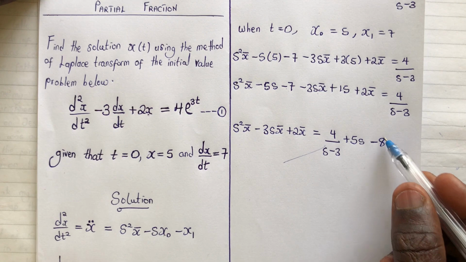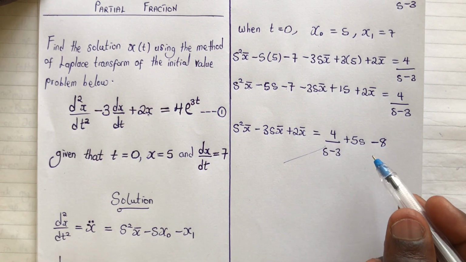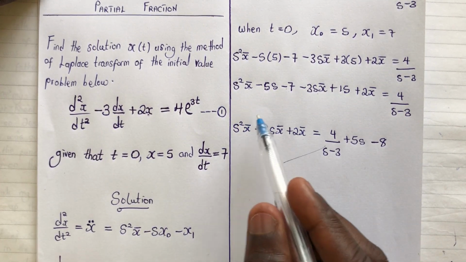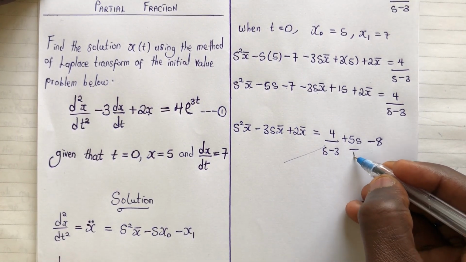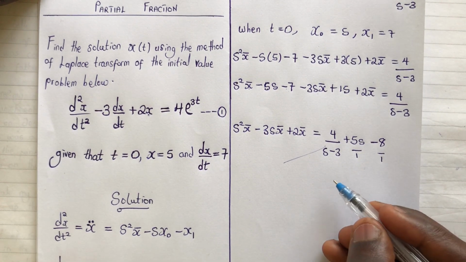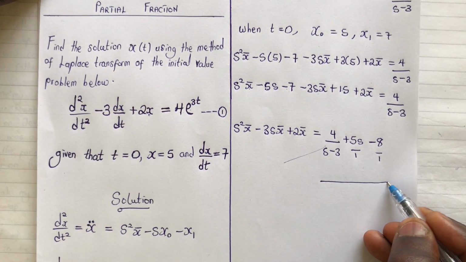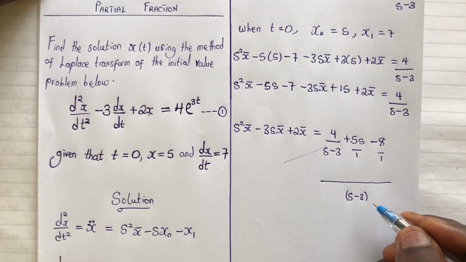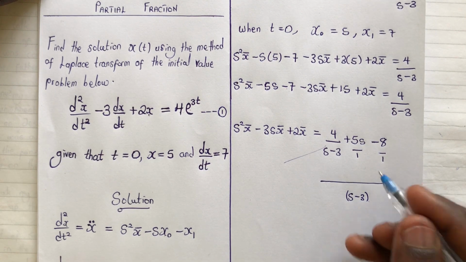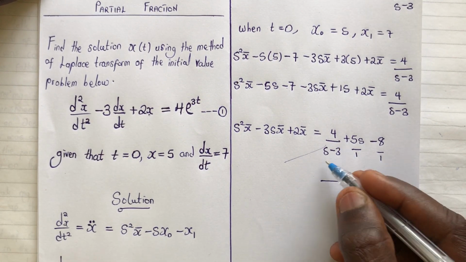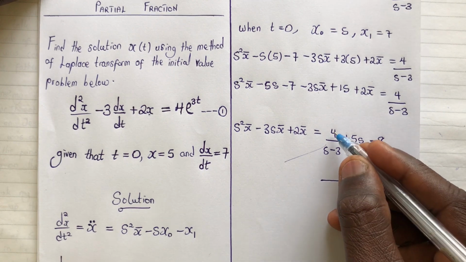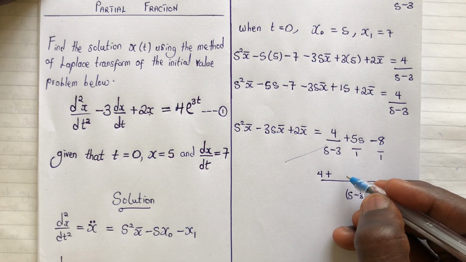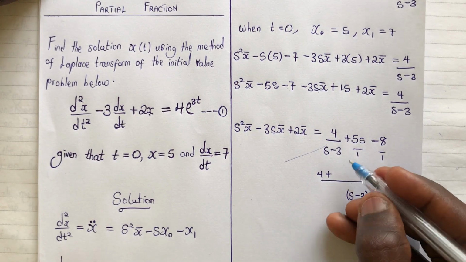Now we can find the LCM on the right hand side to reduce it into one fraction. Then we can use it to solve with the left hand side. So let's assume this is over 1, this is over 1. To make it very simple for you, let me take LCM here. LCM is s minus 3 times 1 times 1, the same s minus 3. This into this, the result is what? 1. This will cancel this, we are left with 1. So 1 times the 4, we have 4, plus 1 into s minus 3, the result is s minus 3 times 5s.